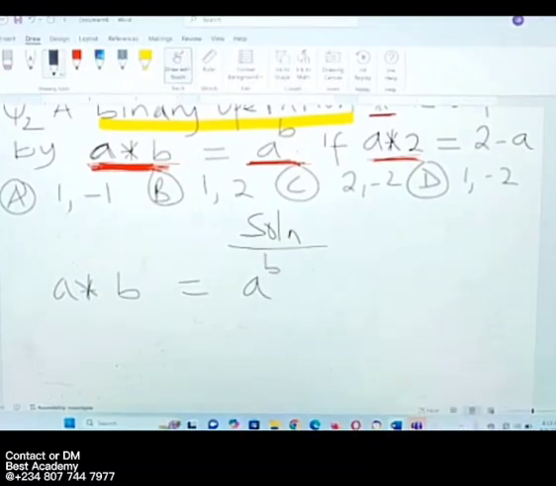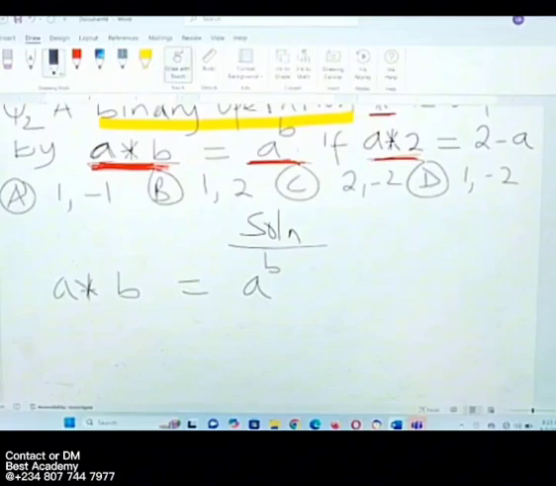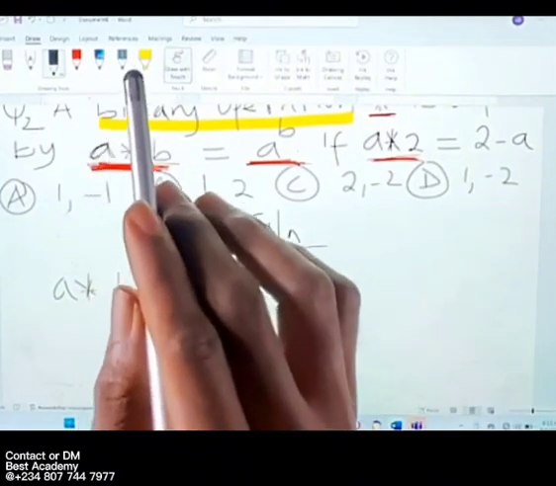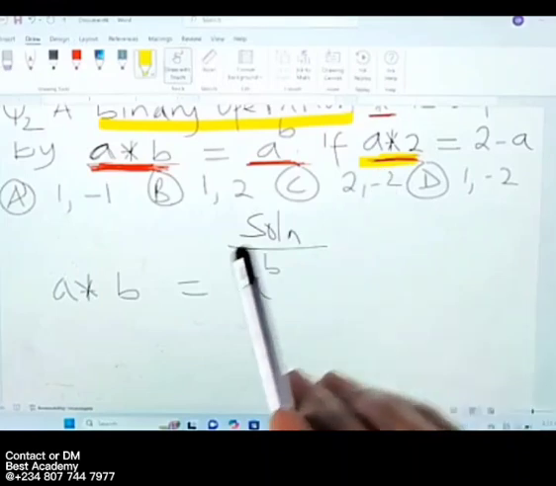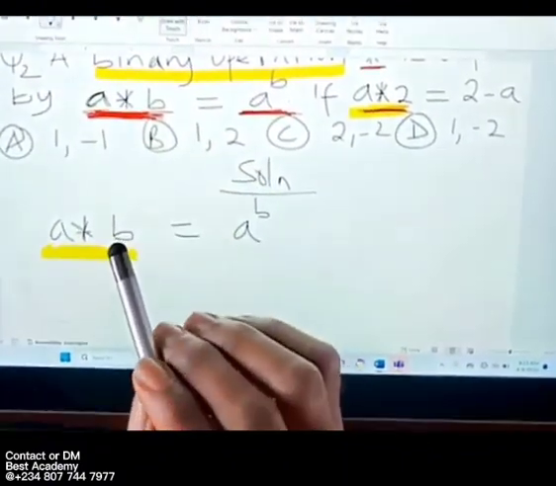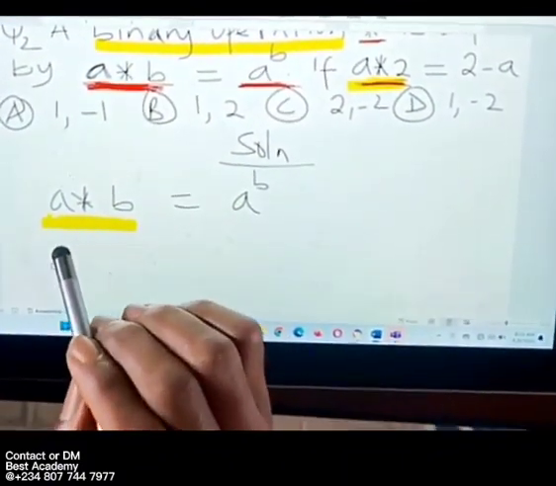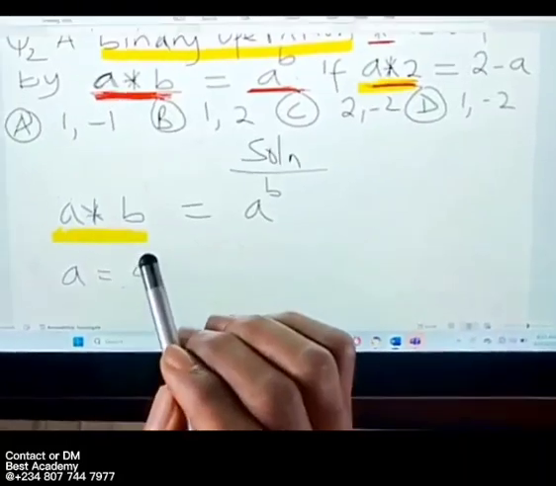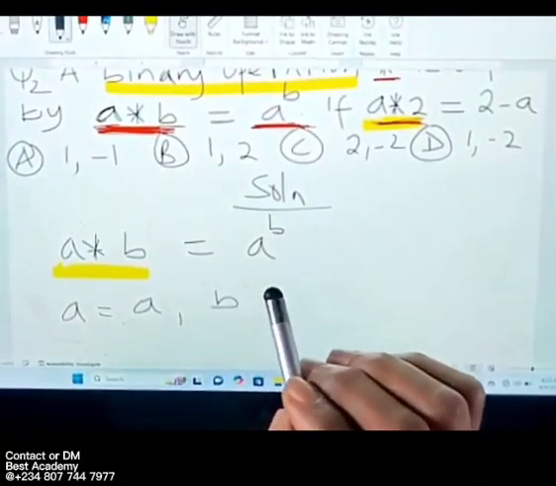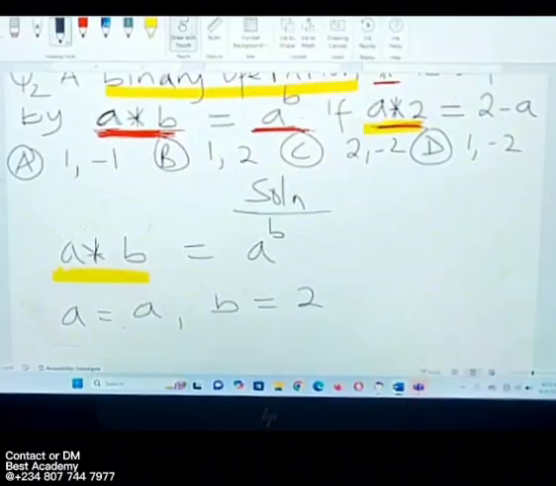So let's compare. Comparing this part with this here, we can easily write down the value of A and the value of B. Class, the value of A here is A from the evaluation, while the value of B is 2.